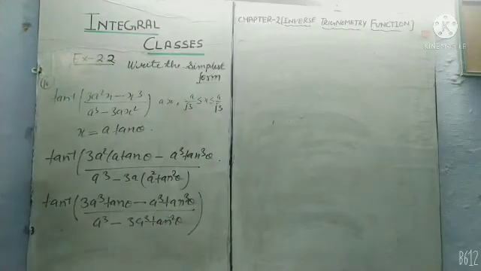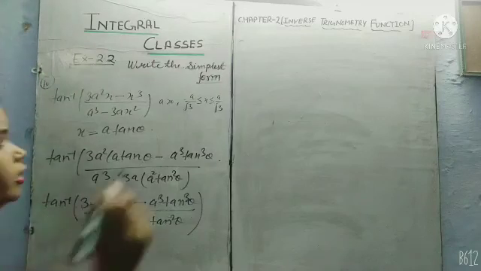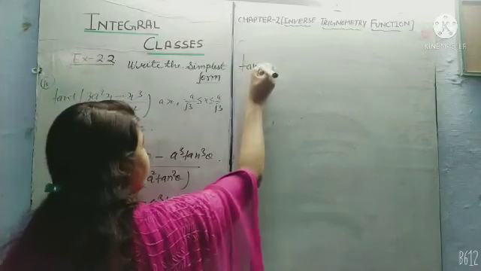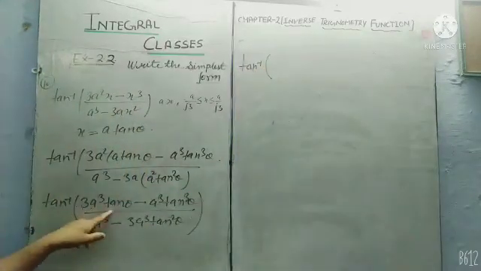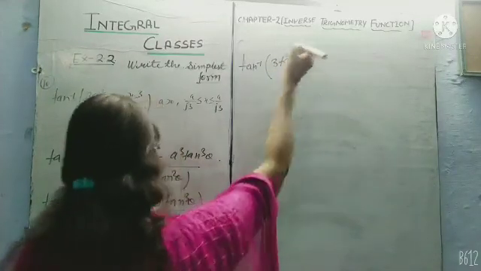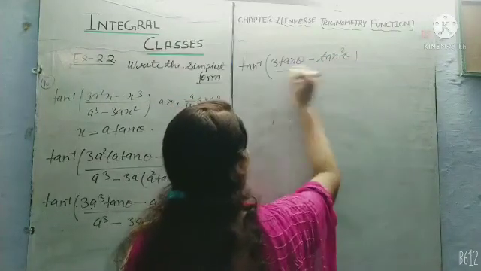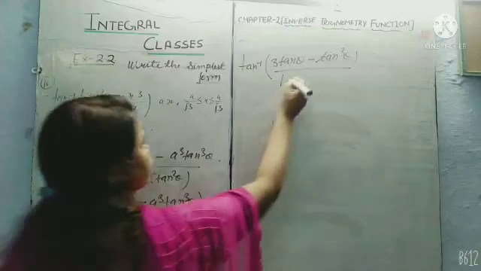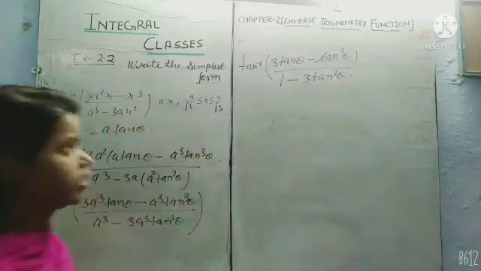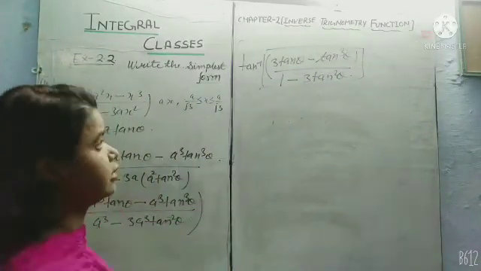Now student, we take a cube common from the numerator and denominator and cancel it. Then the next step is tan inverse of (3 tan theta minus tan cube theta) upon (1 minus 3 tan square theta). Student, we know that this is the formula of tan 3 theta.